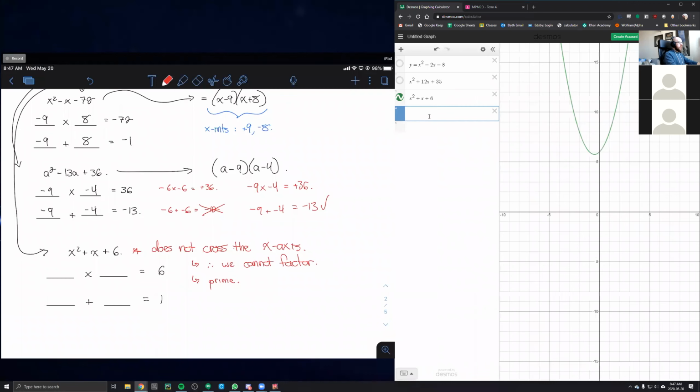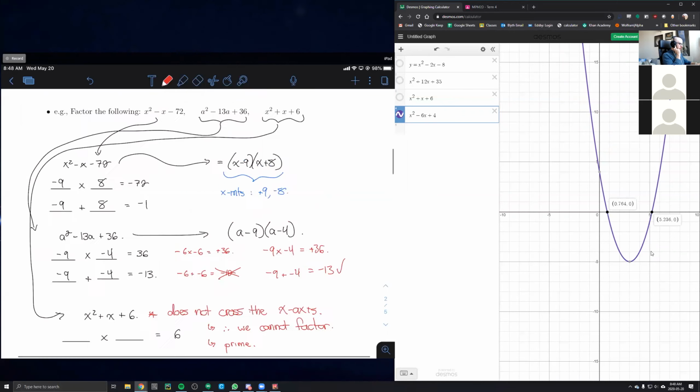We might also stumble upon a situation where the x-intercepts that we get are decimal answers, right? So we can see in this case, x squared minus 6x plus 4, it does have two x-intercepts, so we should be able to factor it.